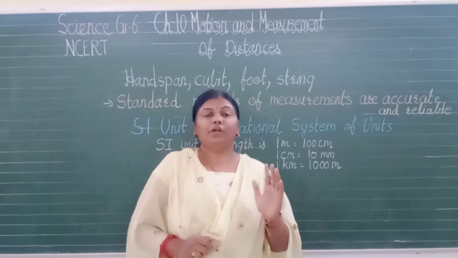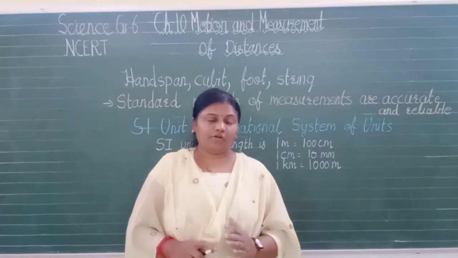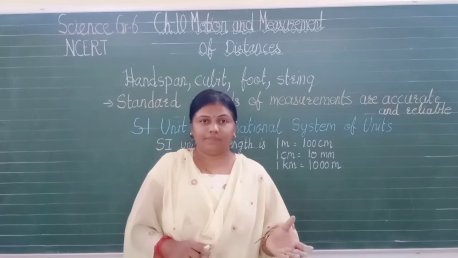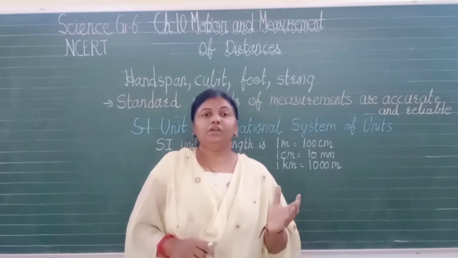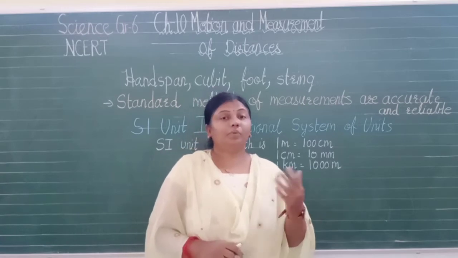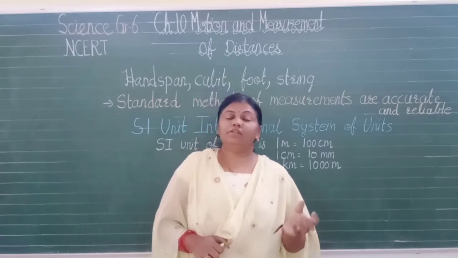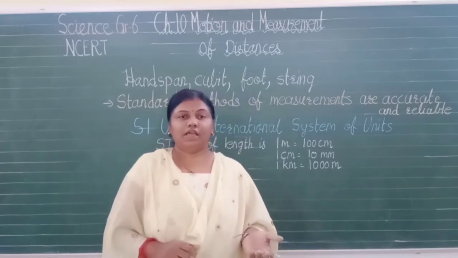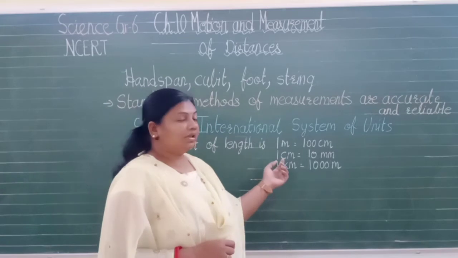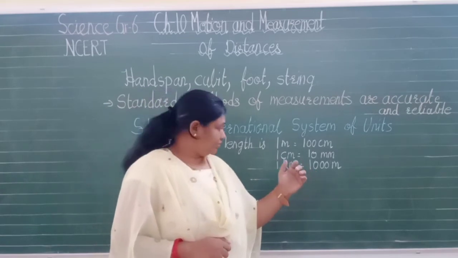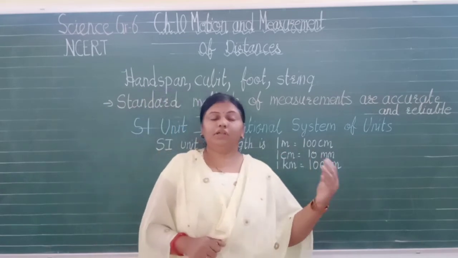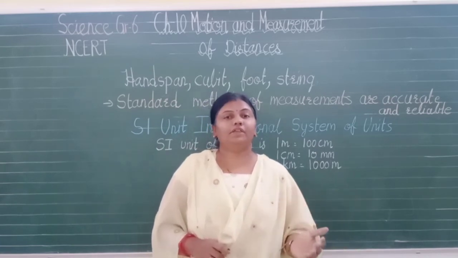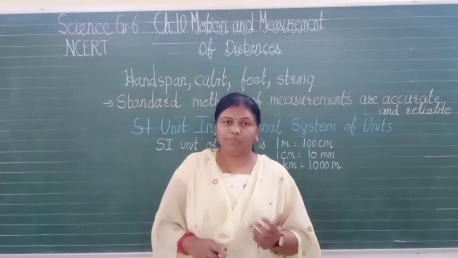Yes, from Ahmedabad to Baroda or Ahmedabad to Mumbai, you cannot measure with the help of a scale, isn't it? It is very hard, and a possibility is also there that some variation comes. So for that, larger units are considered, that is the kilometer. The distance from one town to another can never be measured with the help of centimeter. It will always be measured with the help of kilometer.